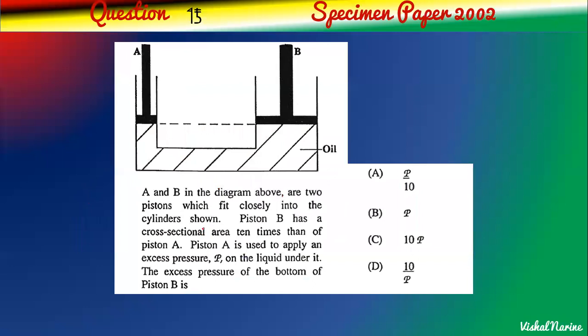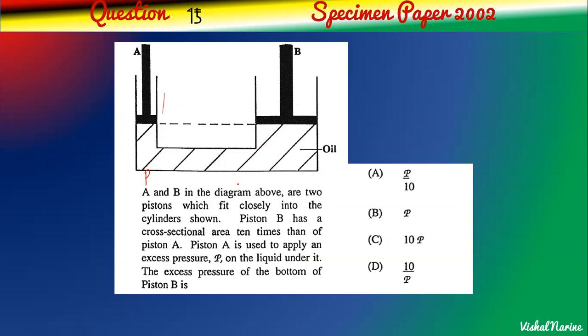Question 15. So question 15 is telling us that the pressure on this one side here, this is a piston of a hydraulic system, is P. They're asking you what is the pressure on this other side.